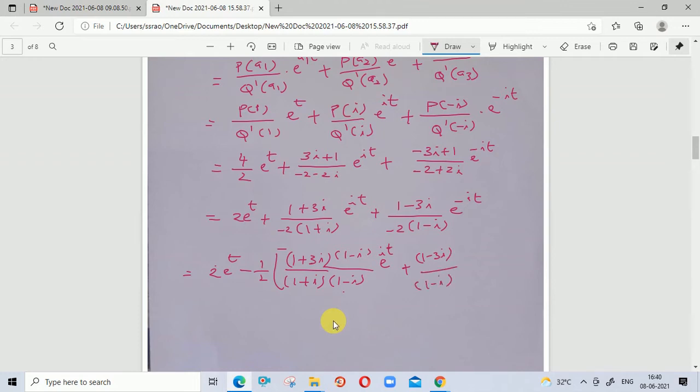So 1 plus i divided by 1 minus i, into e power minus it.